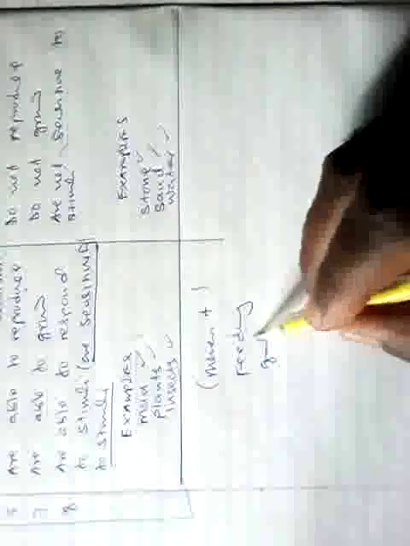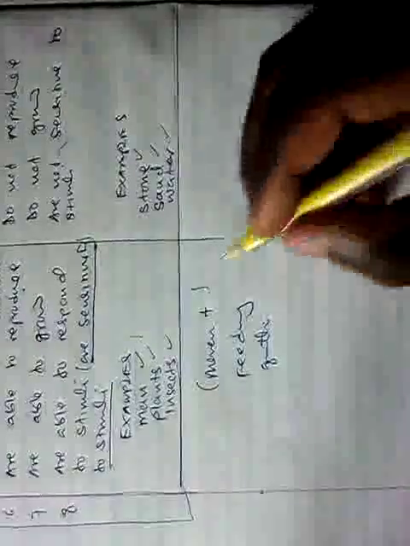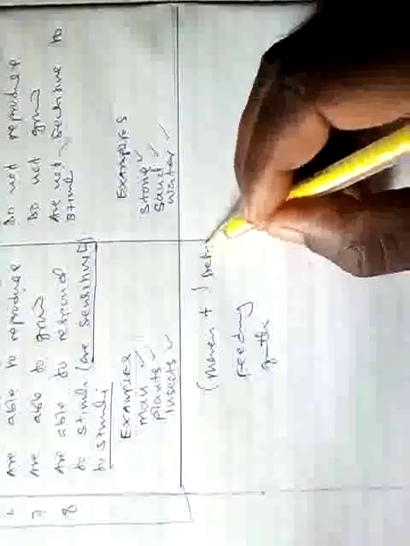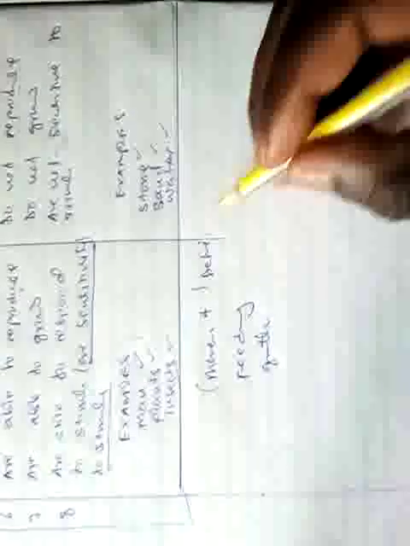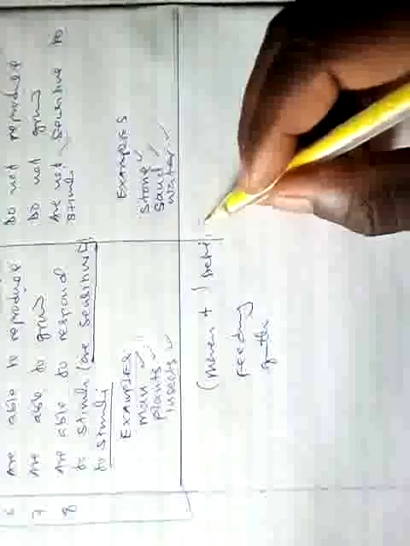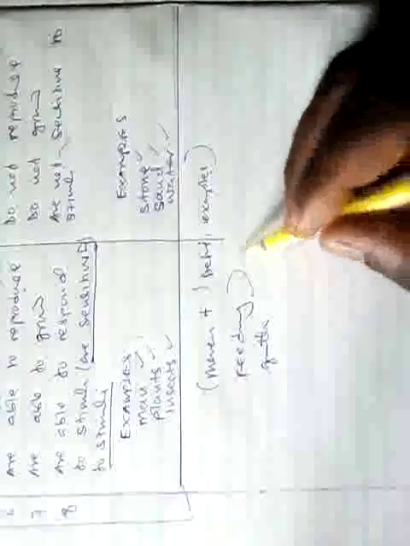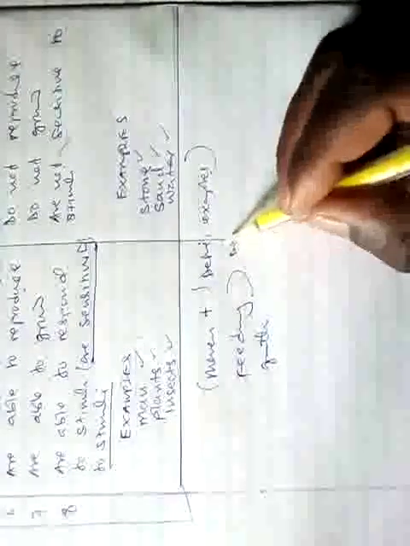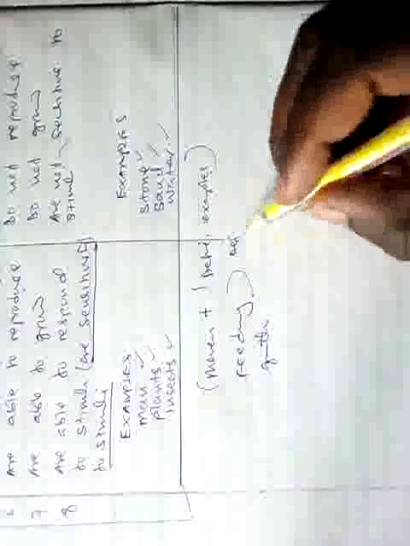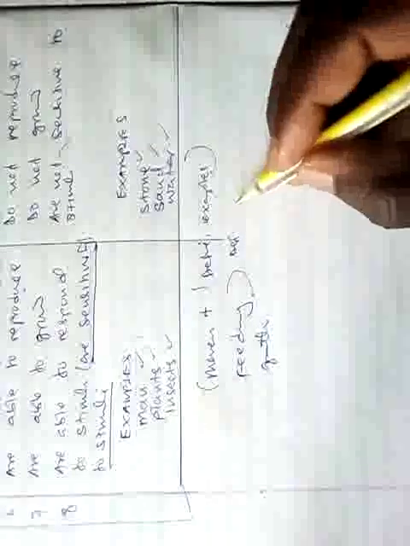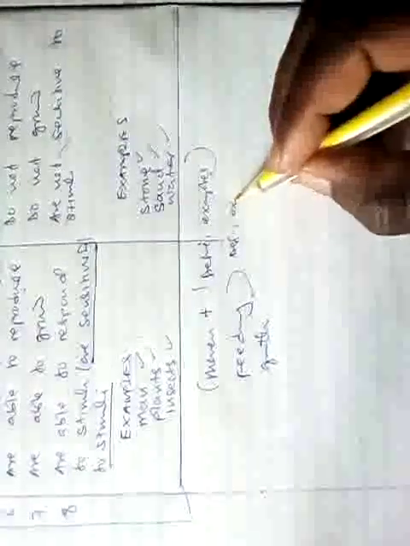Growth should have its own paragraph. So how do you write? You define. After defining, you also give characteristics or examples. That is your paragraph 1. Paragraph 2 also, you talk about the definition for nutrition, feeding, then characteristics if any, then examples. So this is basically until you have the 8 or 7 paragraphs.